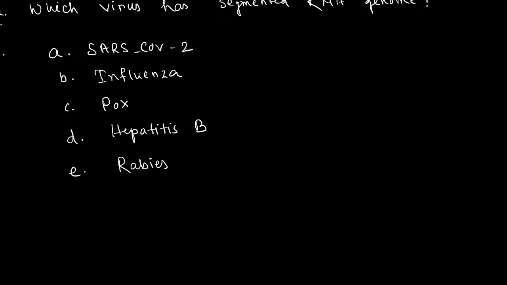Question number 32. Which virus has segmented RNA genome? This is a wonderful question, guys. Because from microbiology, no one is going to ask you some hyphanda. They will ask you something like this. SARS-CoV-2, influenza, pox, hepatitis, and rabies.